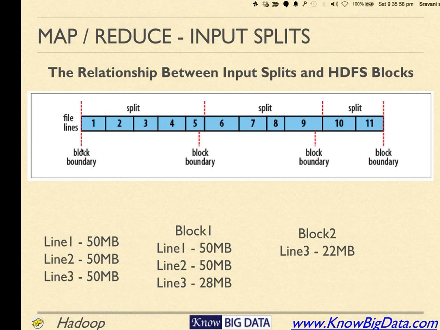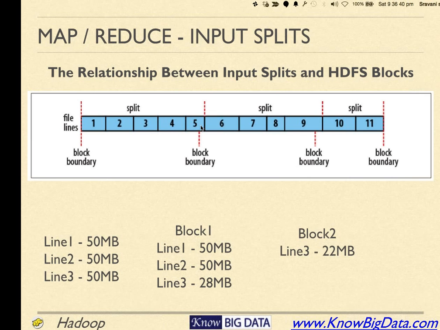Now if you look at it, if you see the block boundary from here to here, it's exactly the same. Only the last block is smaller. First block, second block, and the third block is smaller. Now you can see here that the block boundary is lying in the middle of line number 5.